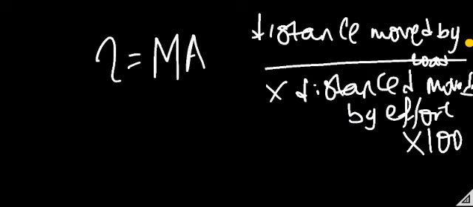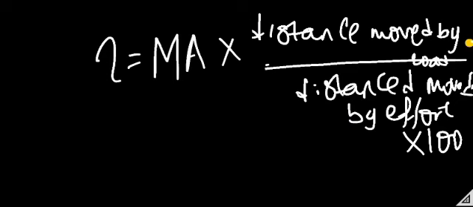Right? Now here we have distance moved by load all over distance moved by effort. Remember that velocity ratio is distance moved by effort over distance moved by load. But here we have distance moved by load over distance moved by effort, which means that when we turn it upside down, it becomes the formula for velocity ratio.